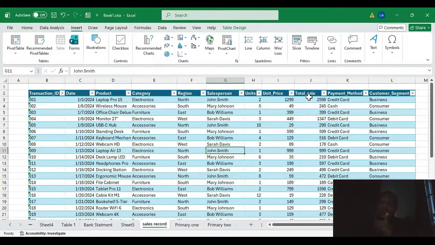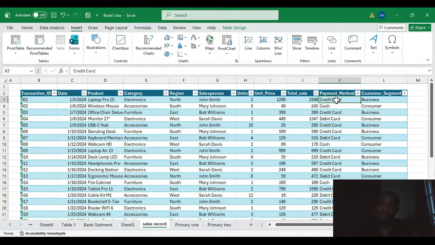If you move further, you are going to see the total sales, which is the units the person sold multiplied by the amount of each item. Then we also have payment method. In this case, it could be credit card, cash, or debit card.